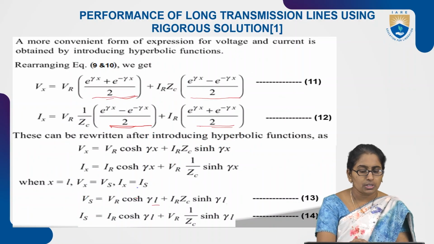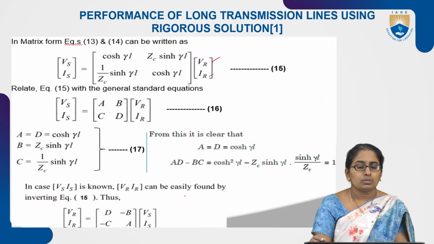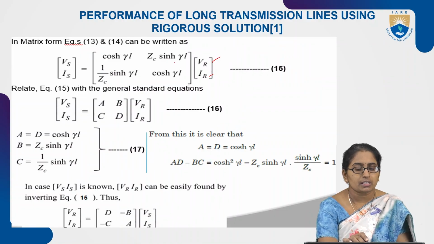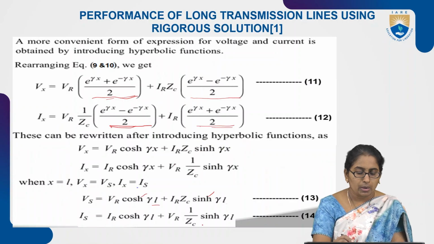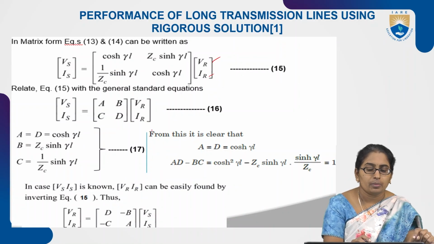The first coefficient in the matrix is cosh gamma l, then ZC sinh gamma l, and down below, 1 by ZC sinh gamma l and cosh gamma l.